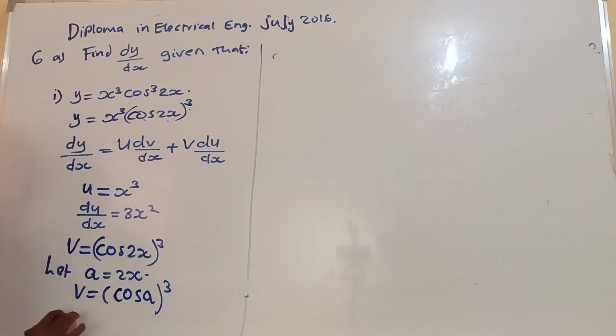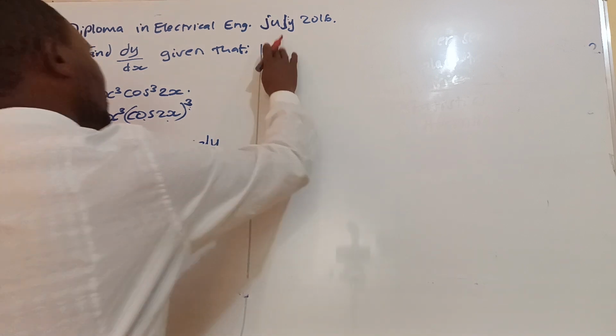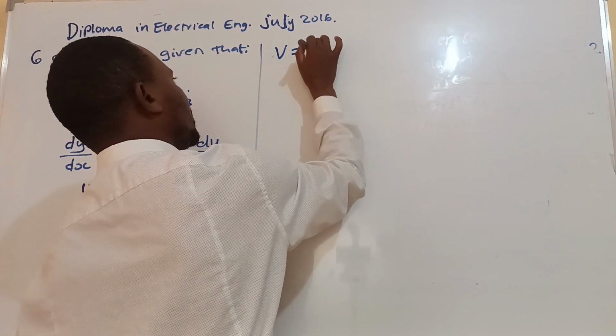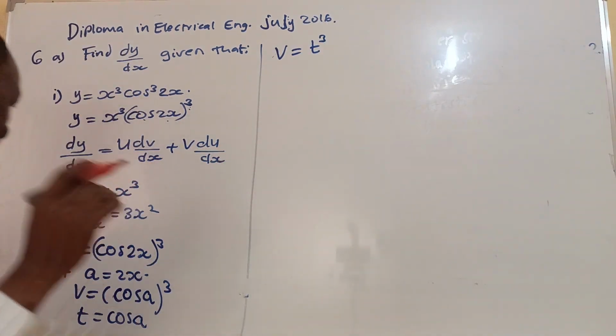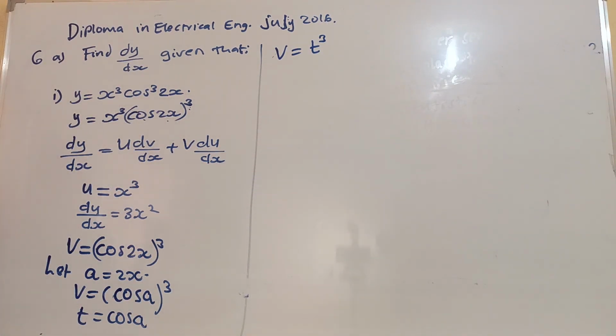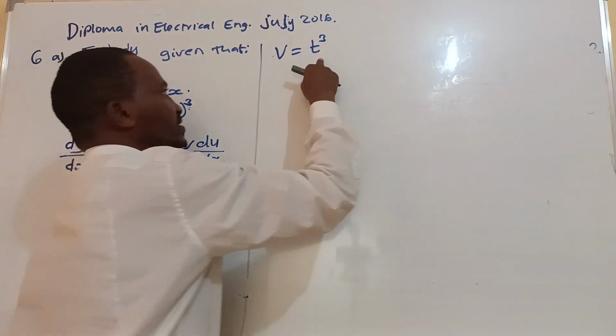And if we say cos a is t, we'll have v is equal to t cubed. So the innermost function is a is equal to 2x. The next function is t is equal to cos a, and the third function is v is equal to t cubed.